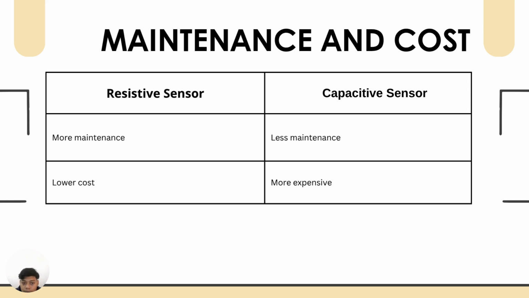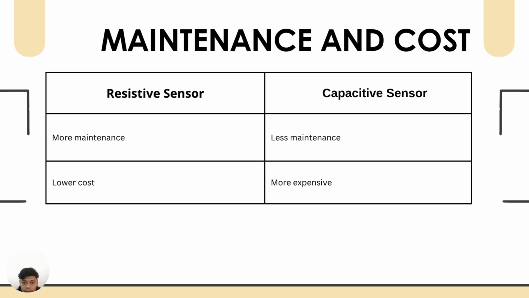Next is cost, which is always a factor in our decisions. Resistive sensors are generally cheaper to purchase and install. This makes them ideal for applications where the budget is limited and high accuracy is not essential. But the capacitive sensor is more expensive upfront due to its advanced electronics and versatility.